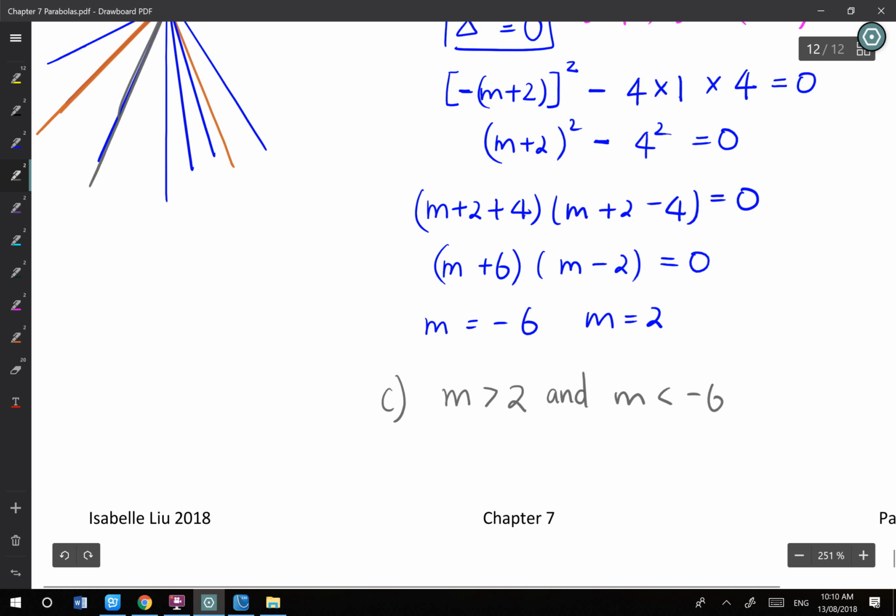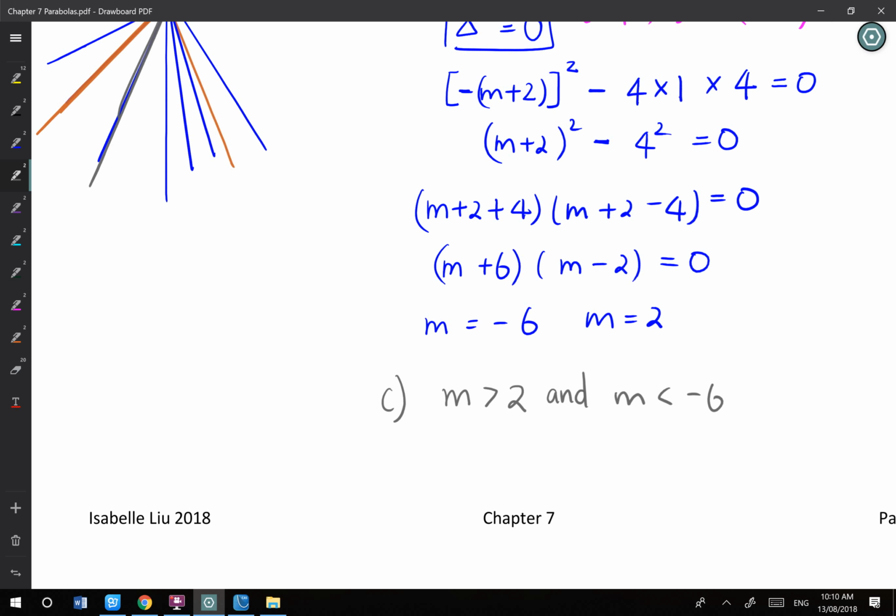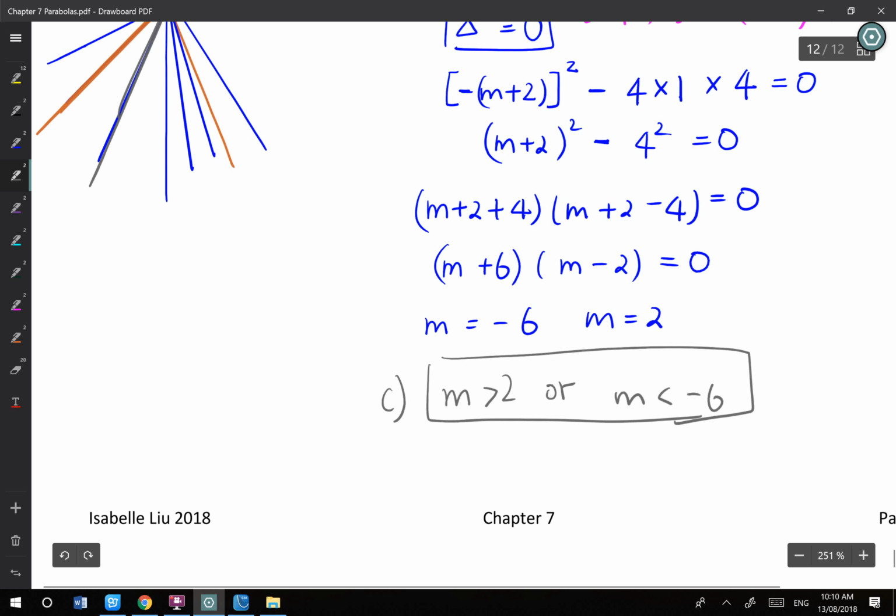It's a negative value, right? I can have -6. Well, -7 might work, -8 can work, -10,000 can work. So anything less than -6 might work. So it's M greater than 2 or M less than -6, like any value in between this range.